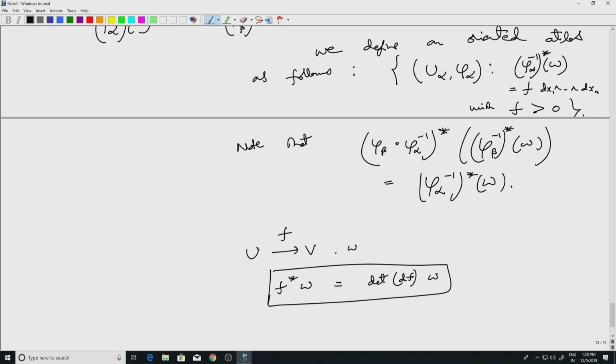We have something like this, and this again can be reduced to a vector space statement. We have proved that whenever you have a linear transformation T from V to V and omega is an n form, T star omega is determinant of T times omega. It's the same thing here, which I'm using.